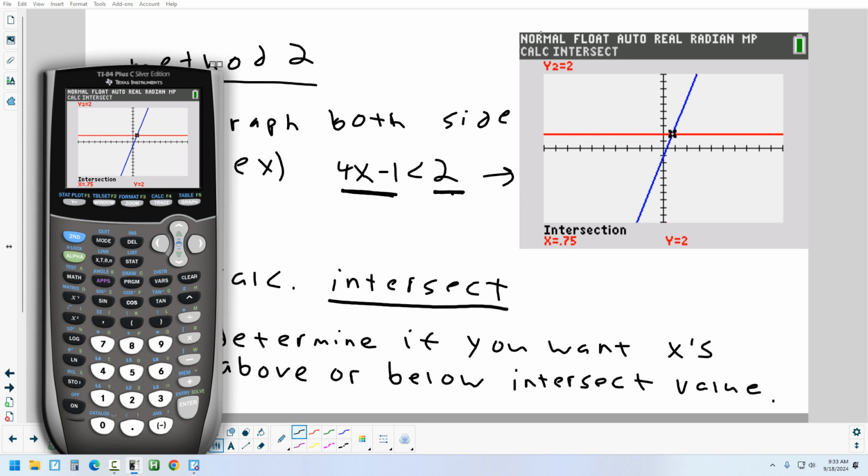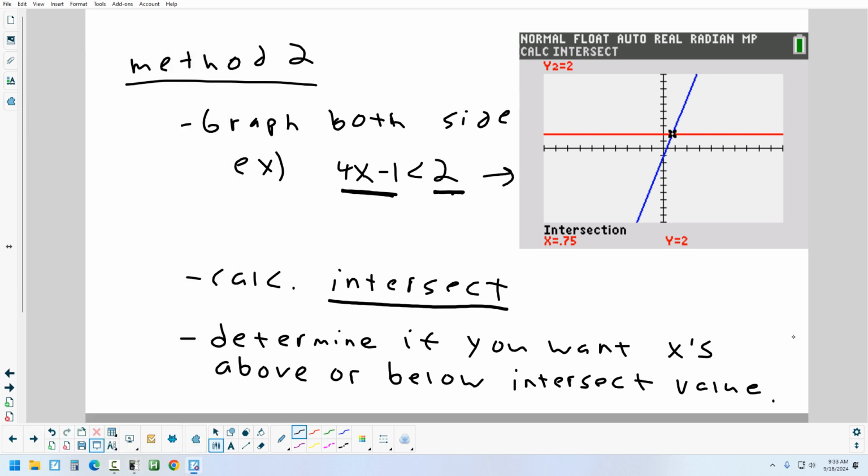It's the same problem we just did. I want to know where the blue one is below the red one. So for the blue one to be under, would I want to pick x values heading to the left, or would I want to pick x values heading to the right?